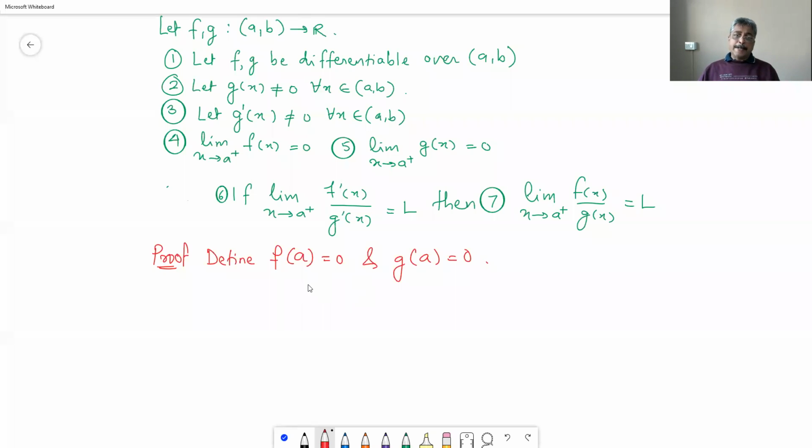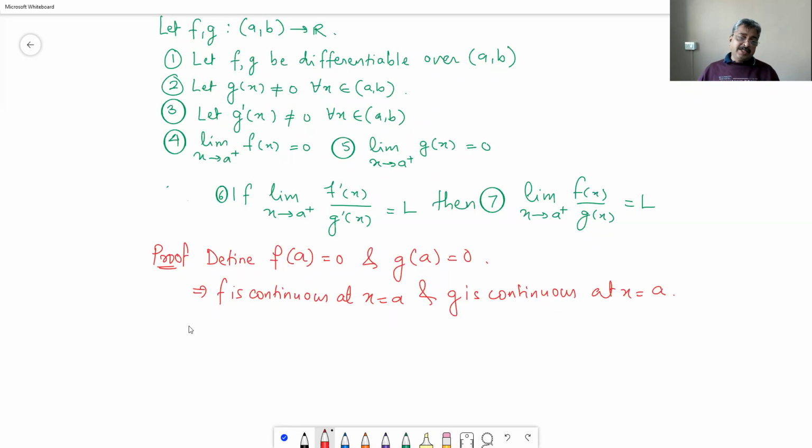right? Therefore, now what we are saying is limit as x tends to a plus is 0 and f of a is 0. This implies f is continuous at x is equal to a and g is continuous at x is equal to a. Now statement 1 says f and g are differentiable over a comma b, therefore they are continuous over open interval a comma b, and now we have said that they are continuous at a.